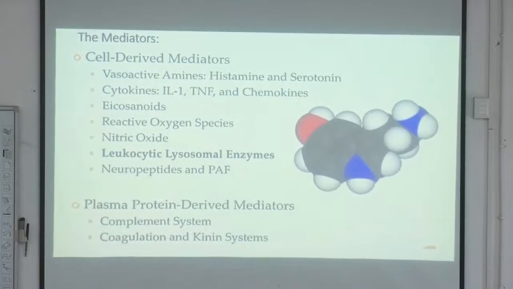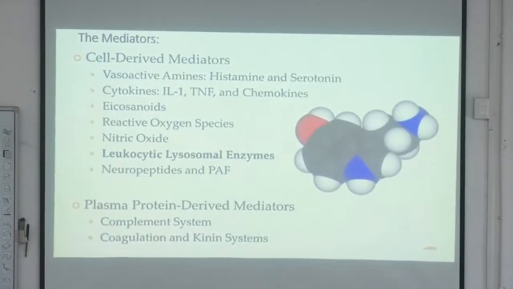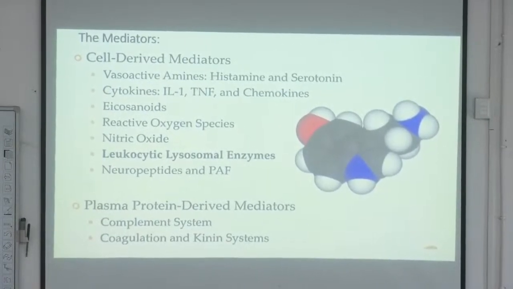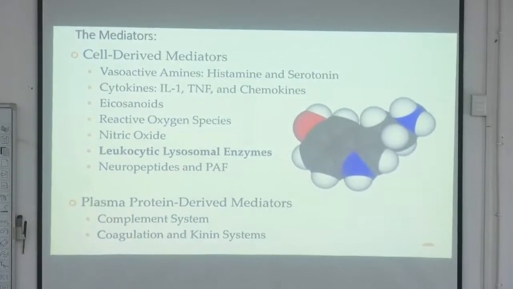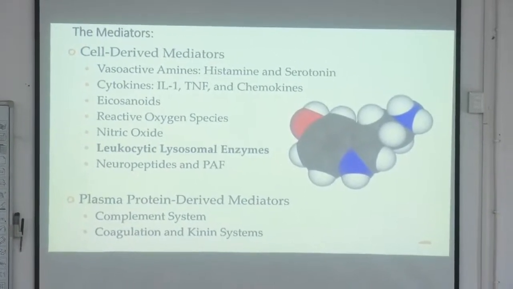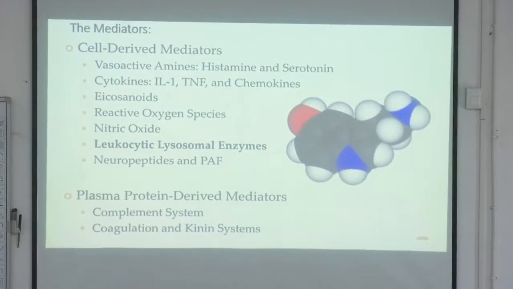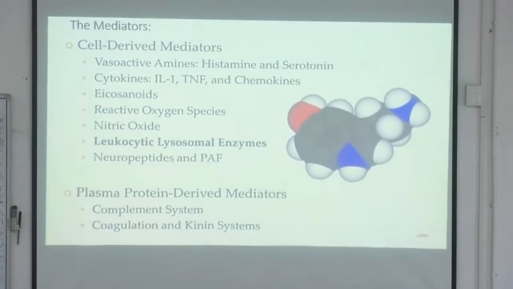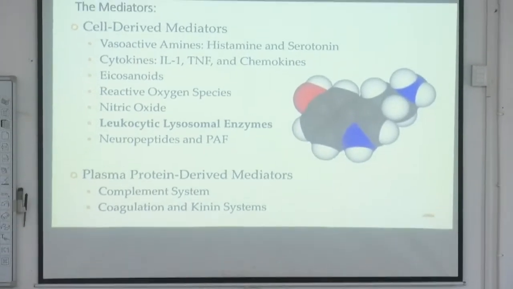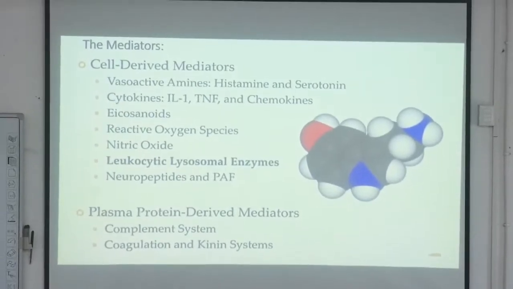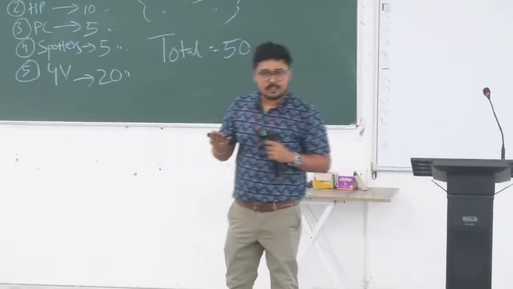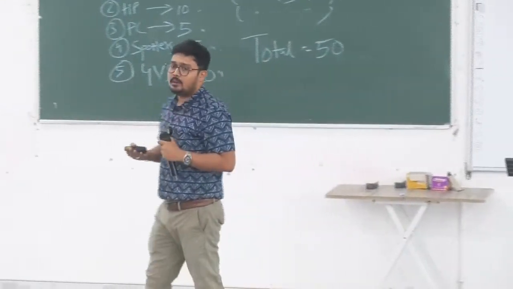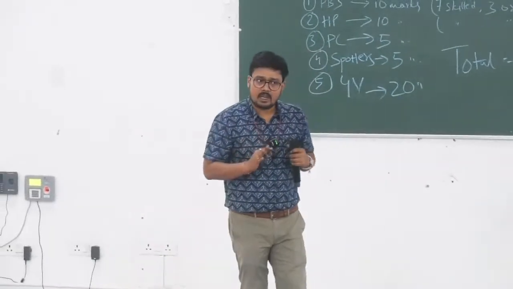Now, leukocytic lysosomal enzymes or neutrophilic enzymes. Neutrophil has two types of granules, primary granules and secondary granules. Neutrophil is a granulocyte, so it has granules in its cytoplasm. The nucleus is 3 to 5 lobed. The granules are also called azurophilic granules. One type is primary granules, the other is secondary granules.